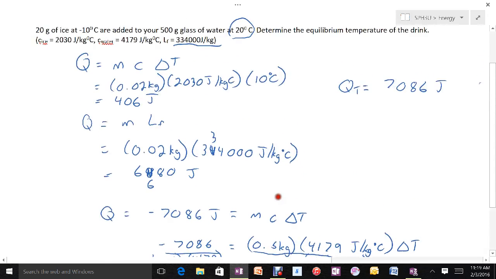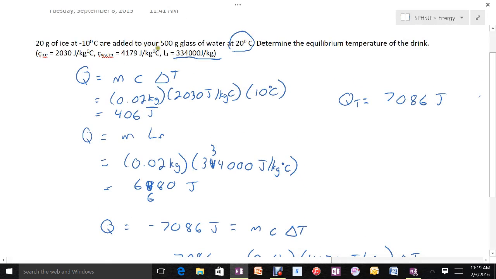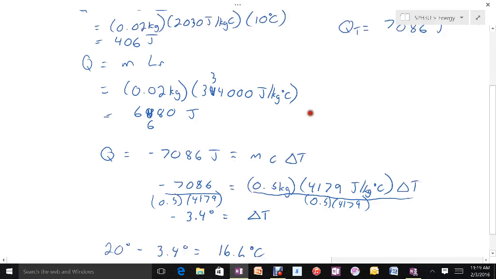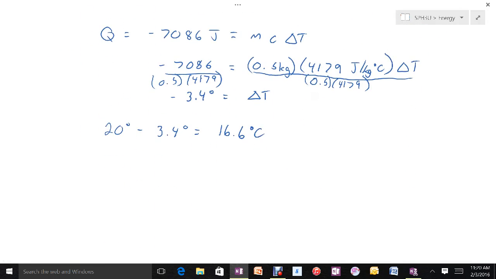I discussed that I assumed at the beginning that all of this ice was going to melt because 20 grams is a pretty small amount. If all the ice hadn't melted, then this number could have been greater than 20 degrees. And if it was, what we would have known is it would have used up all that 20 degrees before it managed to melt the ice. So let's say this number, just for the sake of argument, had been like 25 degrees Celsius.